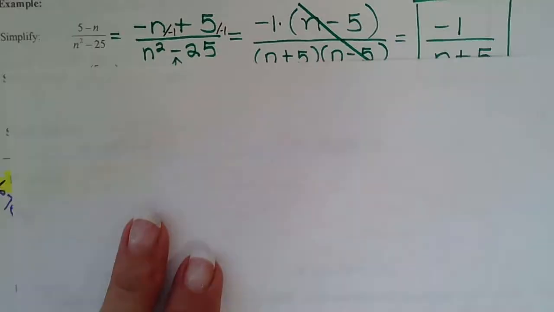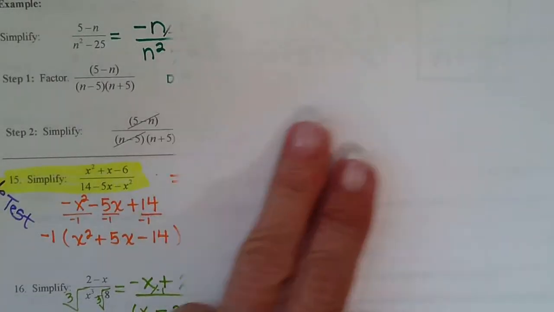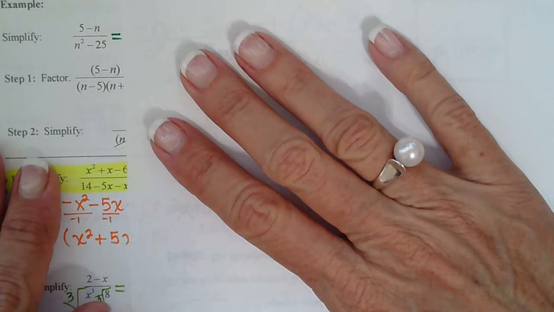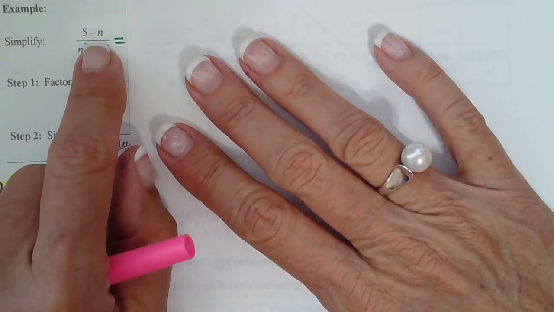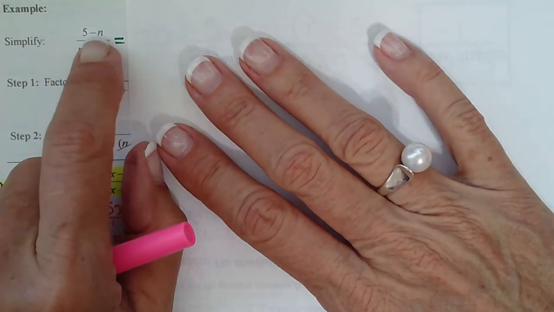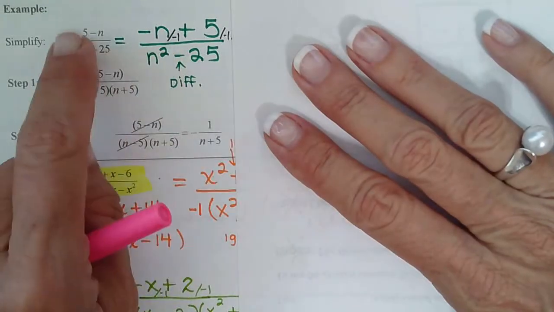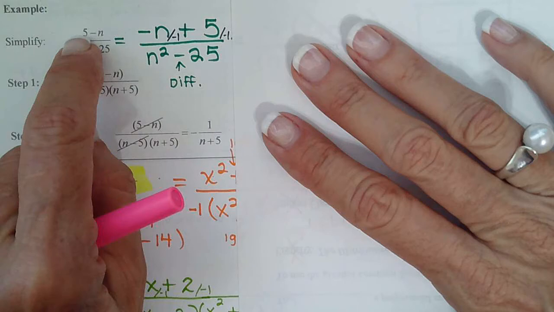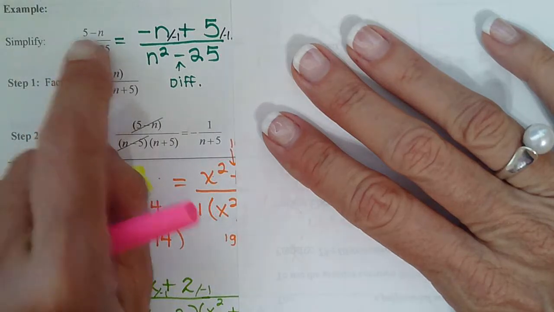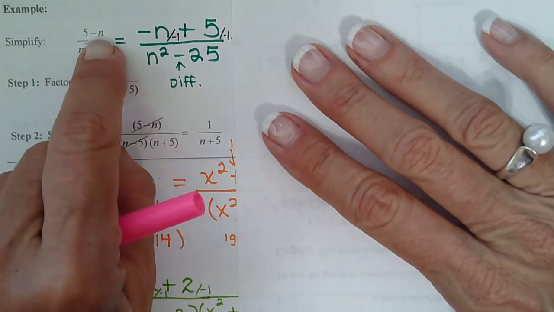Okay. So on this first problem, I see that this first term or first polynomial is written backwards. So I'm going to change it to negative n, positive 5. Remember, we always keep the signs with it that are right in front.